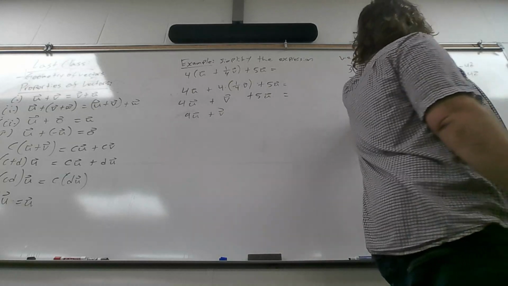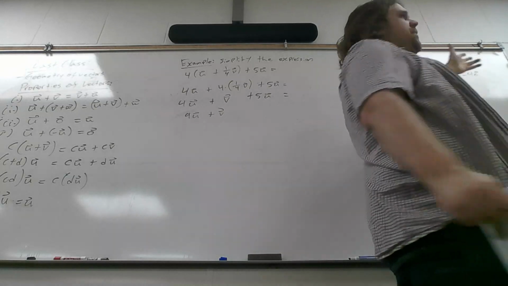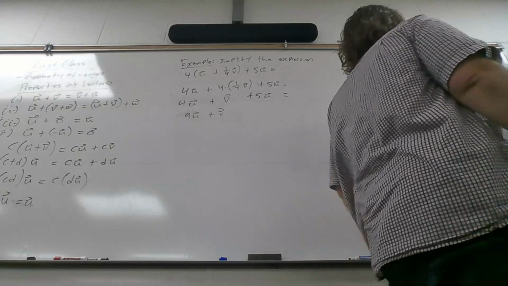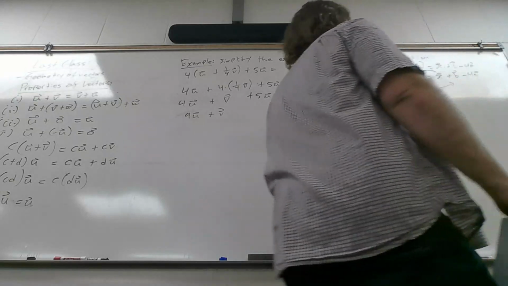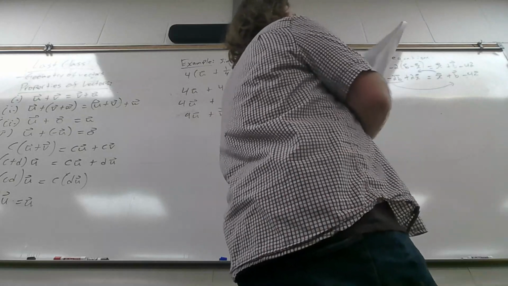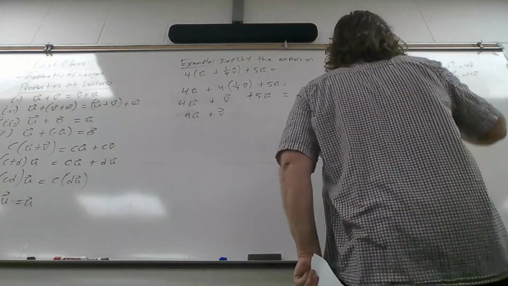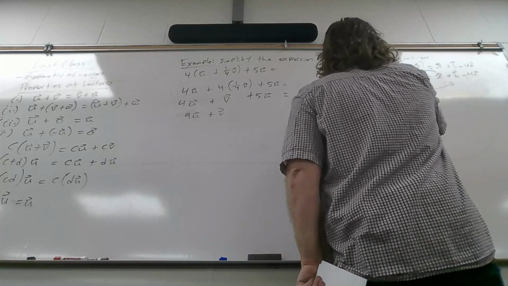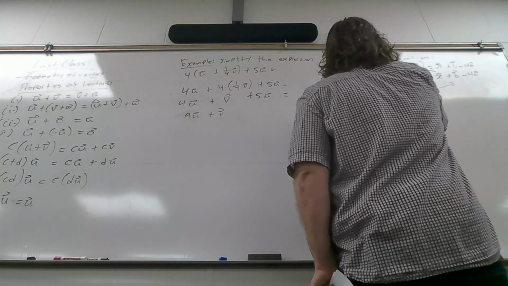To move 3a to this side means subtract 3a from both sides, if that helps you visualize it. But this is a technique from high school, so I'm not going to worry too much about it. The point is, we move everything over, and I'm not going to simplify things yet.